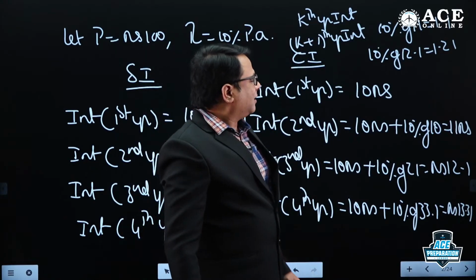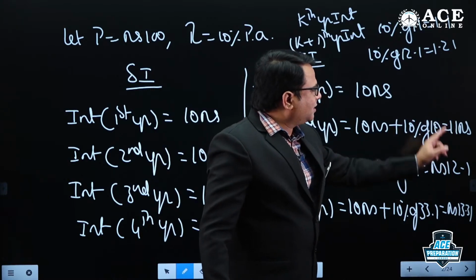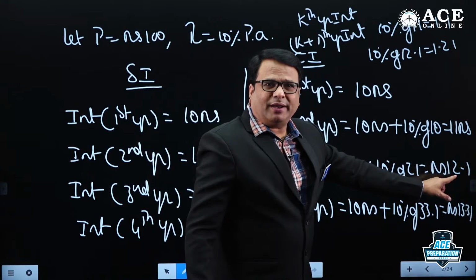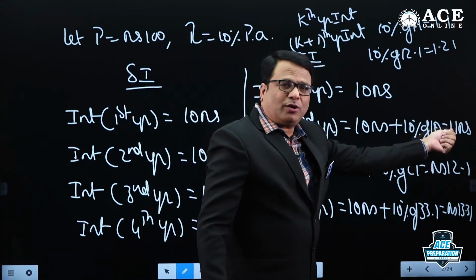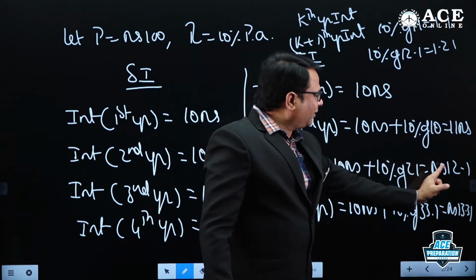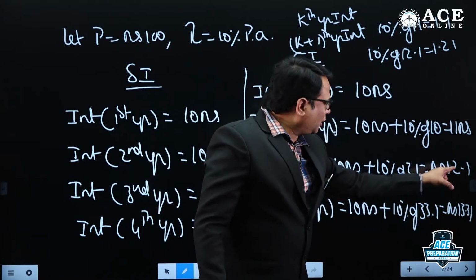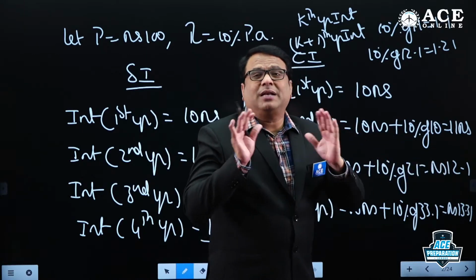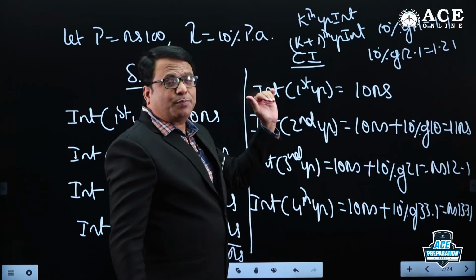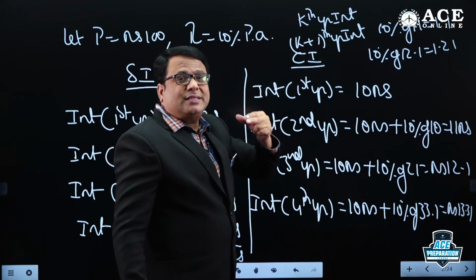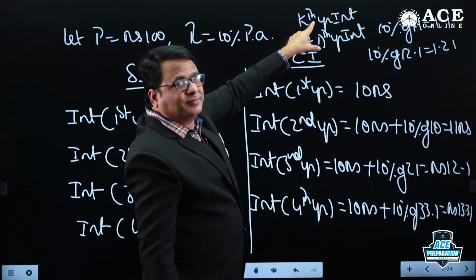For example, the difference between 11 rupees, the second year interest and third year interest, which is 1.1, is interest on this 11 rupees. The difference between 12.1 and 13.31, which is 1.21, is interest on this. So this is what I am generalizing. The difference between kth year interest and k plus 1th year interest is interest on this.